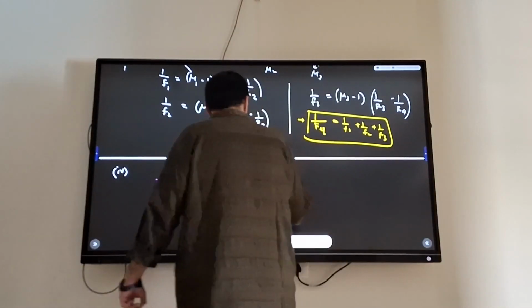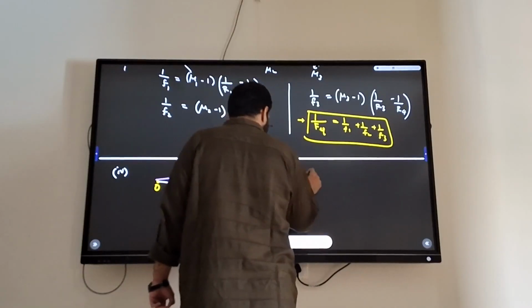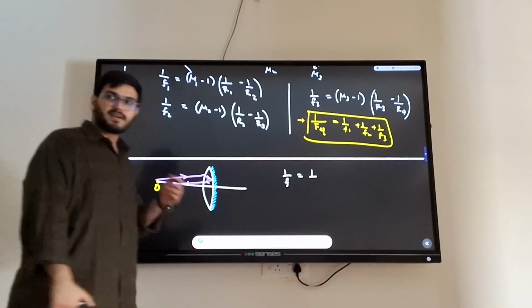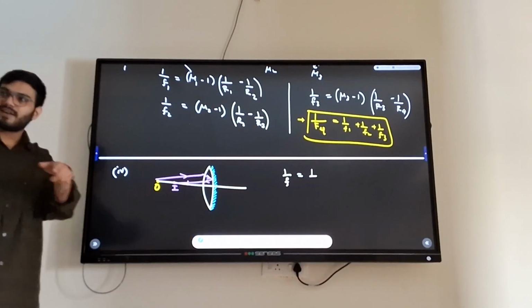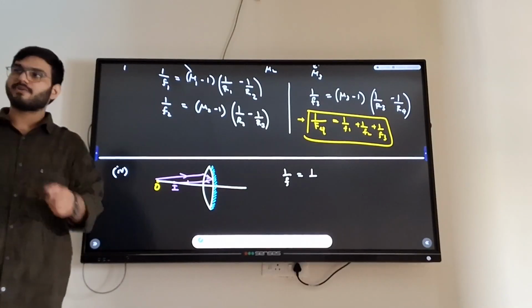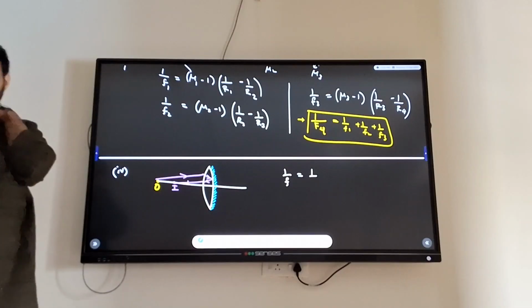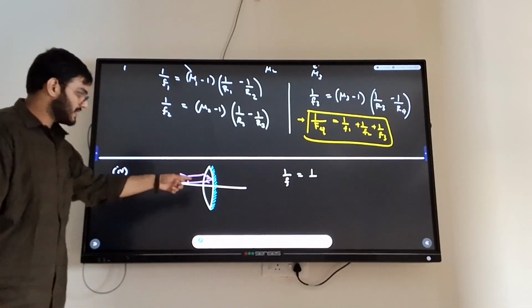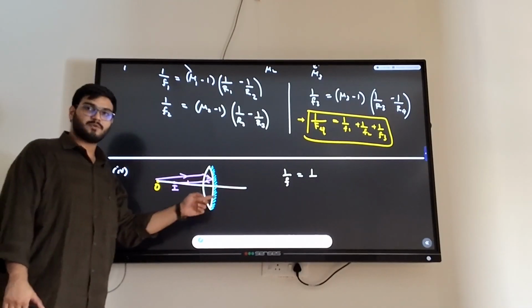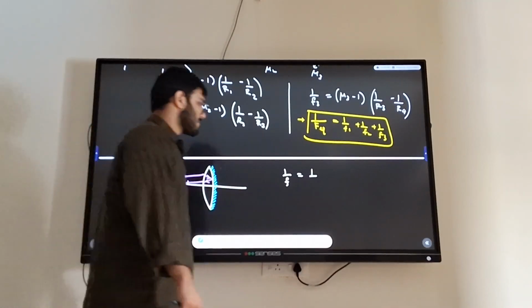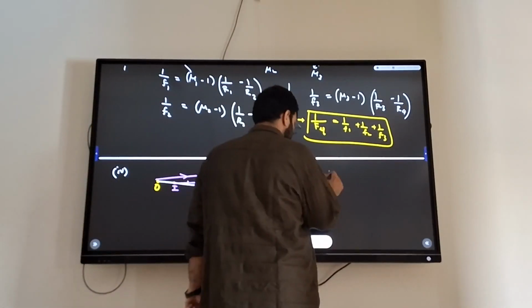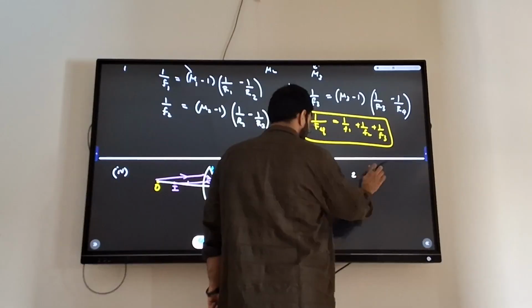The formula of the focal length is this: 1 by f, which is actually, now the interesting part is, should it be equal to 1 by v minus 1 by u or 1 by v plus 1 by u? No, it will be plus, because this is acting more like a mirror. 1 by u plus 1 by v, this is equal to 2.